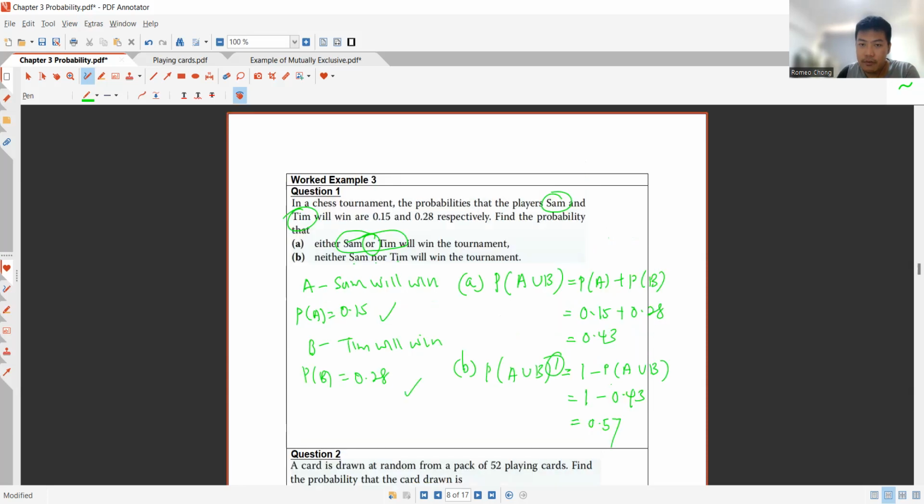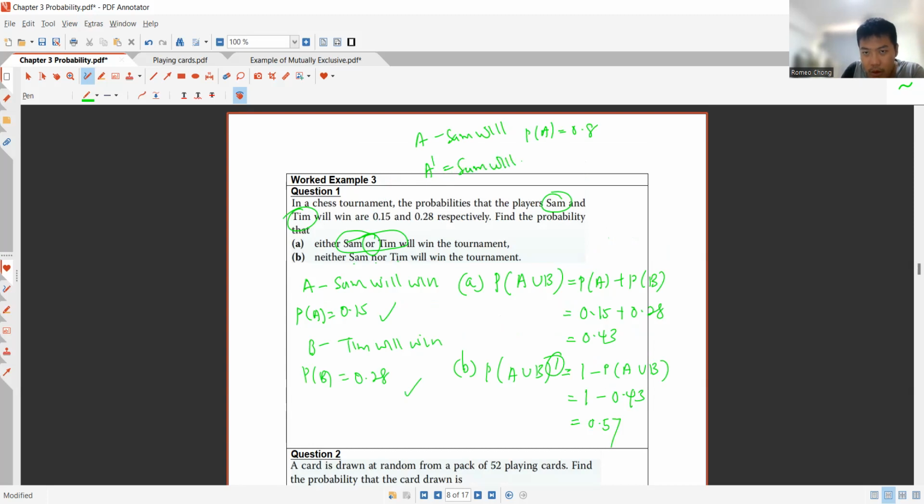Okay, 0.57. This one, the complement, is just like if your A is Sam wins. Let's say if your P(A) is 0.8, then A complement means that Sam will lose.